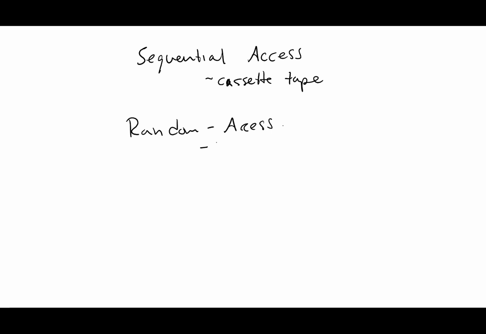Random access is like a CD, where you can skip to where you want to be in the file. In this chapter, we're going to be looking at sequential access, and random access will be in chapter 12.